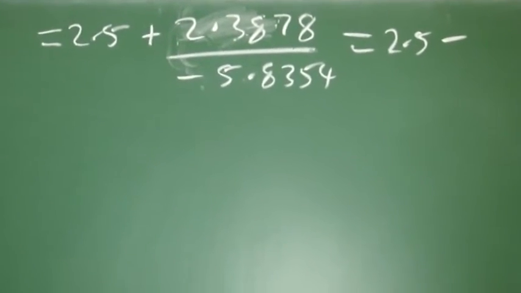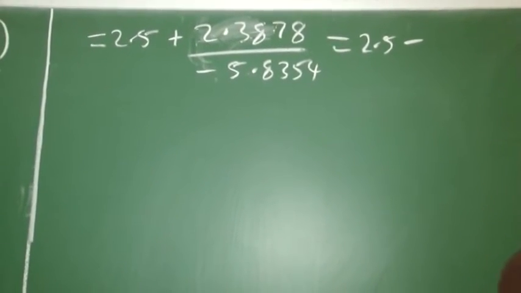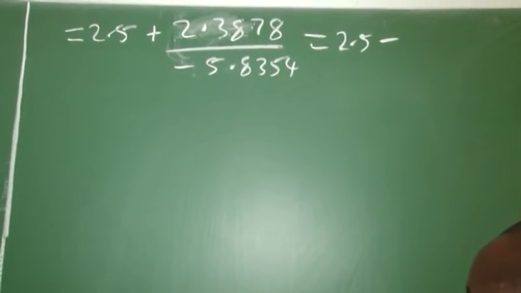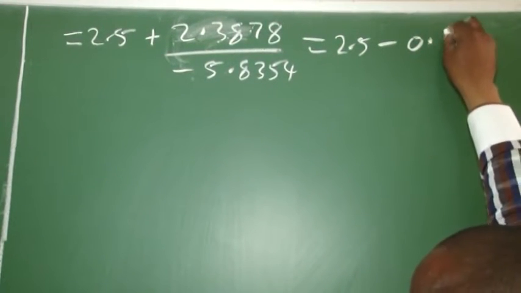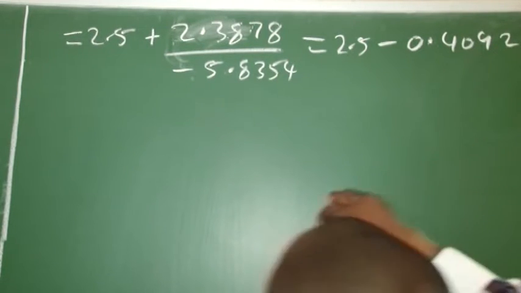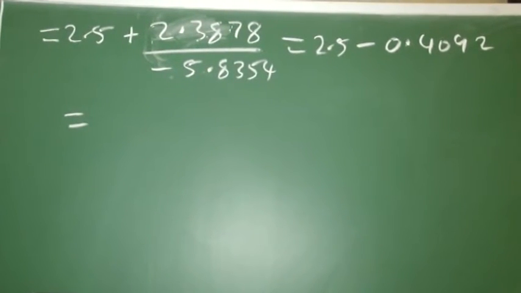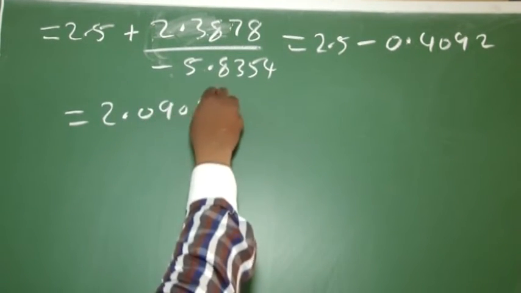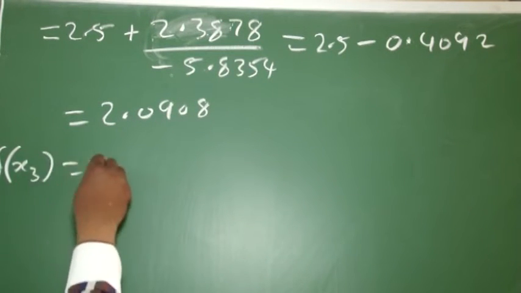So here we have 2.3878 divided by 5.8354. We then have 0.4092. Okay, so that gives us 2.5 minus 0.4092, which is 2.0908.